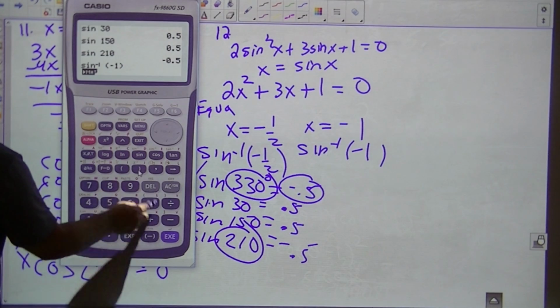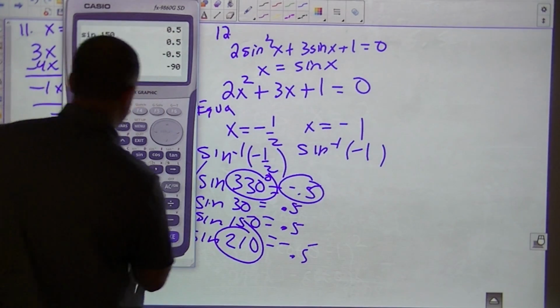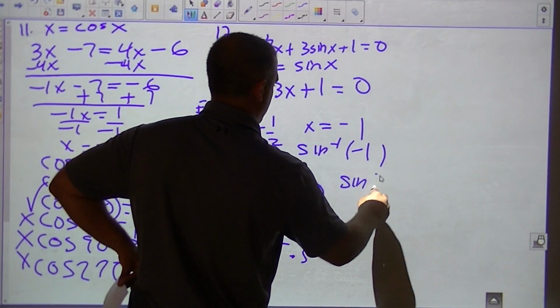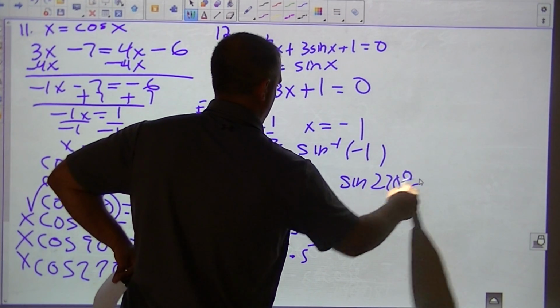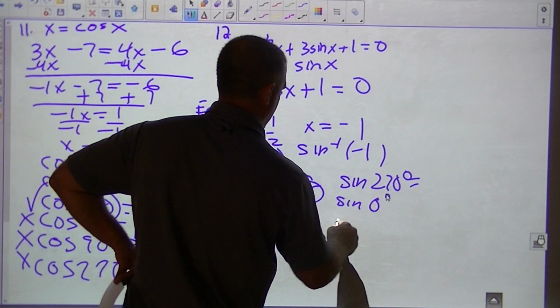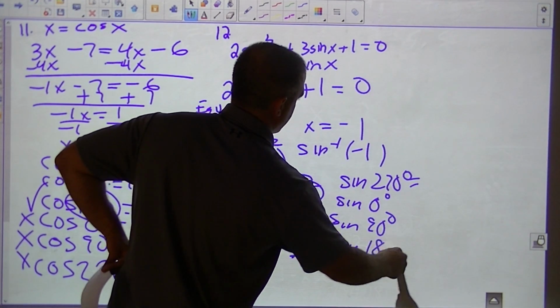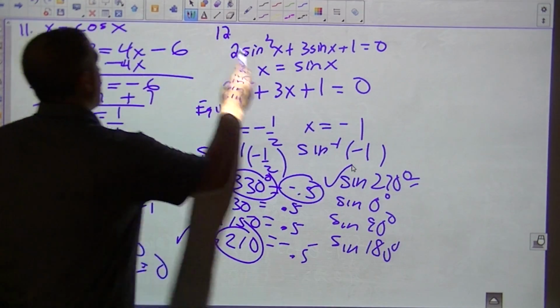And you'll see that that is going to be negative 90. Add 360, that's going to be 270. So the first one that worked was 270. So I'm going to just use 0, 90, and 180. As you can see, those are the ones that all link together. All right, so I know that works as well.